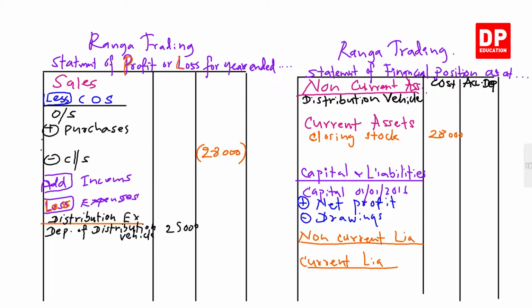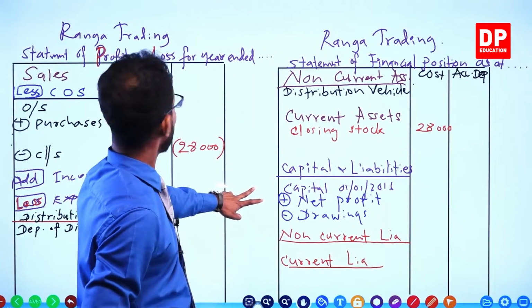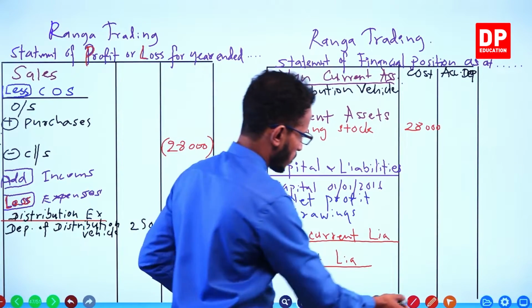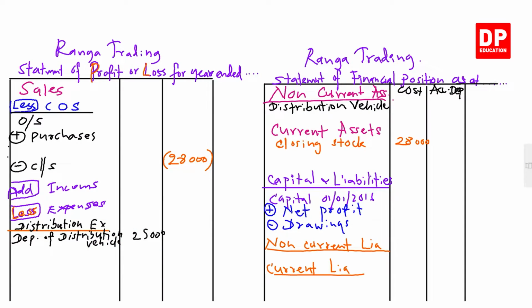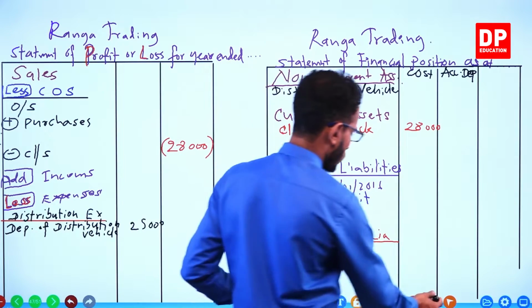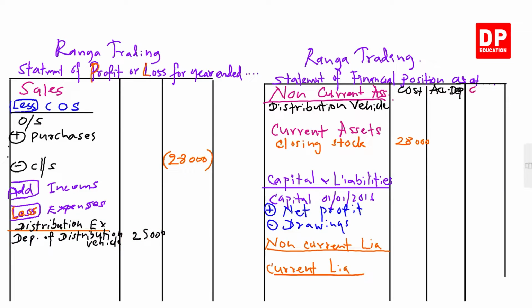Third column is the carrying value column. I haven't drawn the third column, so let's draw it. Can you see that? Some people call it carrying value, some people call it net value or book value.